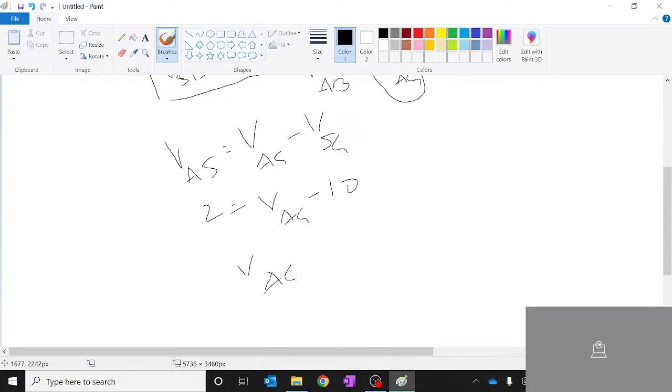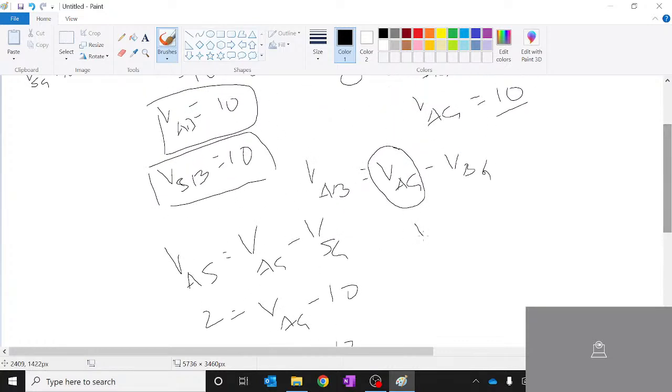Therefore, VAG is 2 plus 10, 12. Now velocity of A with respect to B is velocity of A minus velocity of B. Velocity of A with respect to ground we found is 12. Velocity of B is 0 because it is at rest. Therefore, velocity of A with respect to B is 12.